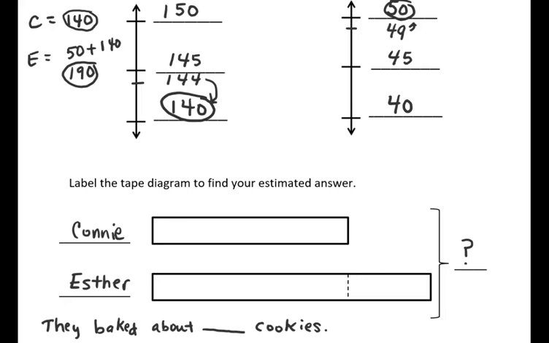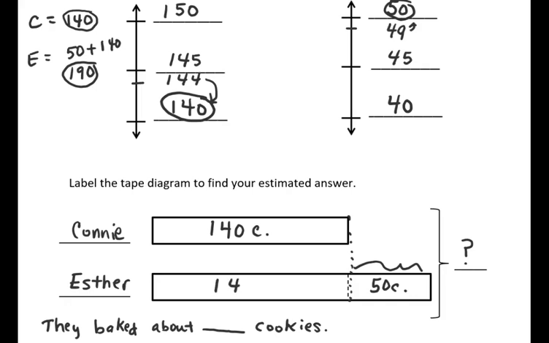So Connie baked around 140 cookies. Esther baked about 50 more than Connie. So there's that more than part. Here shows that this long section of Esther's tape would be the same as Connie's.